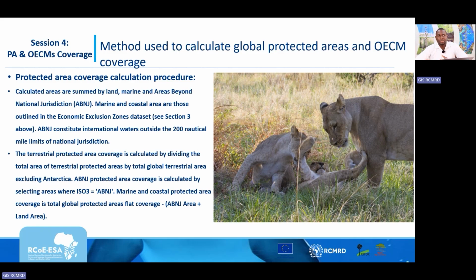These are areas that are in the exclusive economic zones. So marine and coastal areas are those outlined in the EEZs, as seen in section 3. ABNJ constitutes international waters outside the 200 nautical mile limits of national jurisdiction.